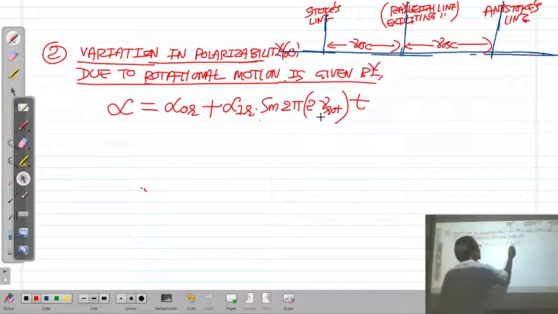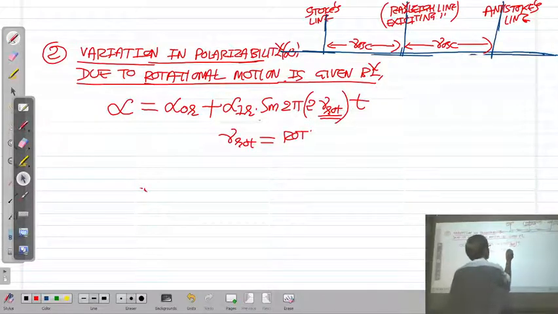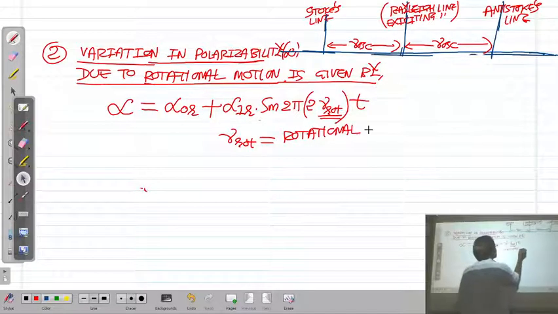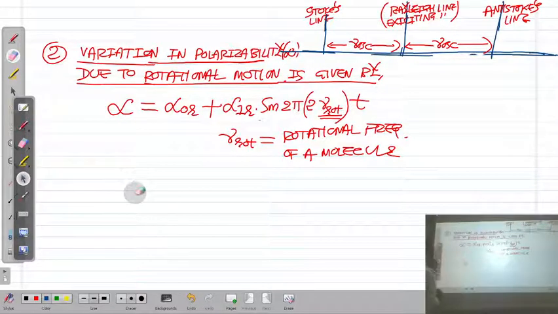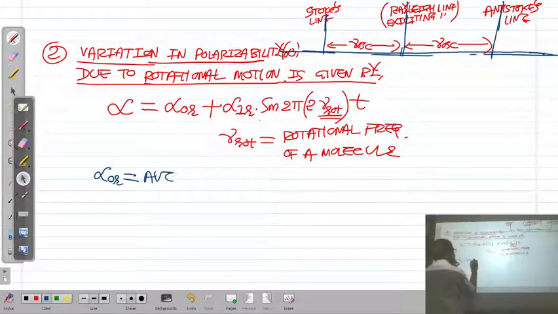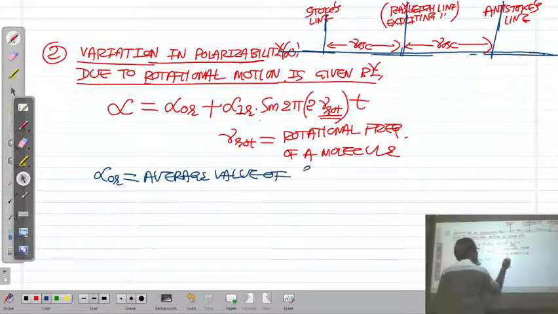Now we know very well what nu is. Nu is the rotational frequency of the molecule. Next, what is alpha 0r? Alpha 0r is the average value of polarizability alpha.